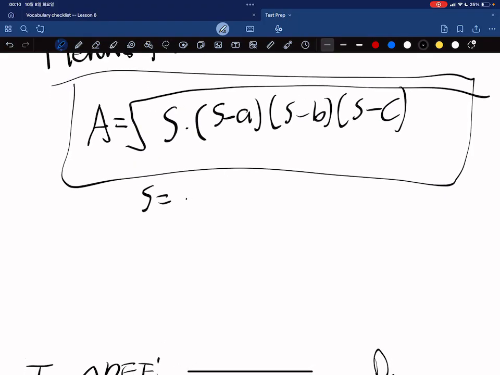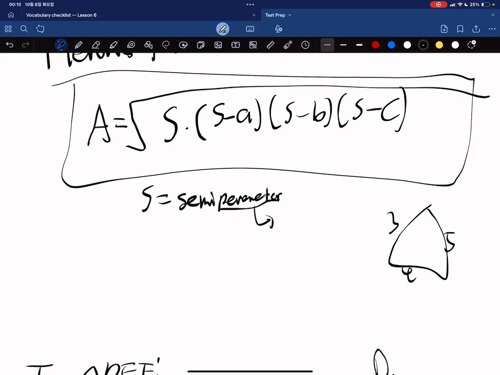S is short for semi-perimeter. Now, if we have a triangle of 3, 4, 5, then our perimeter is 12. However, our semi-perimeter is 6, because it's 12 over 2.